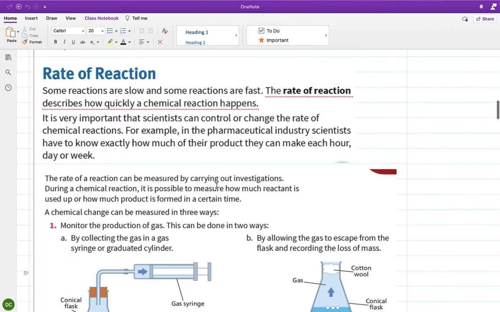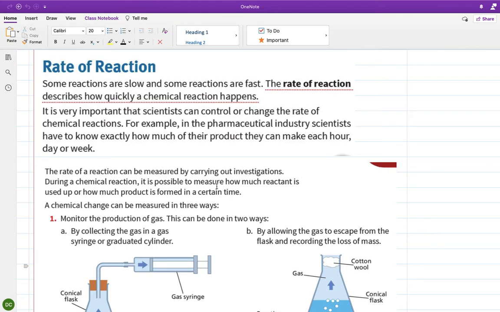So I just want to briefly talk about rate of reaction, and then we're going to leave it at that. Some reactions are slow and some reactions are fast. The rate of reaction describes how quickly a chemical reaction happens. We can control or change the rate of reaction.